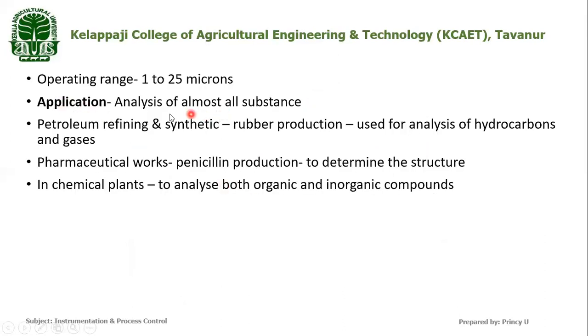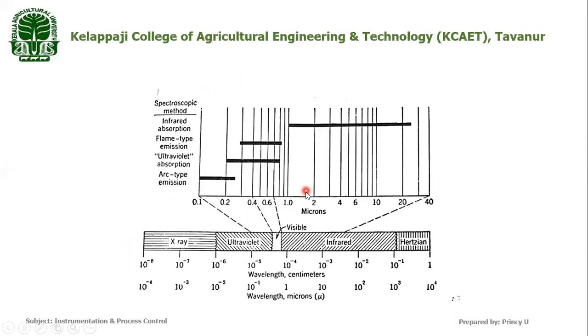And the main application of the absorption spectrometer is that analysis of almost all substances can be done by using it. Okay. Main pharmaceutical works, chemical plants, നമ്മൾ absorption spectrometer use ചെയ്യും.